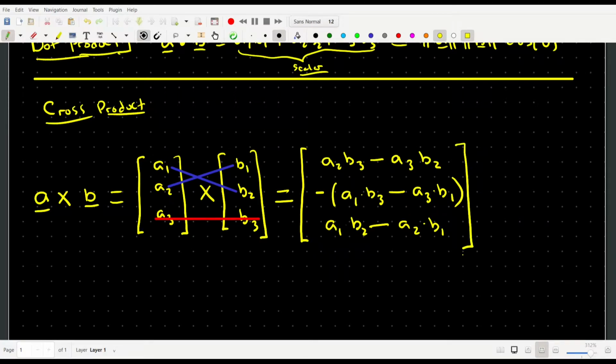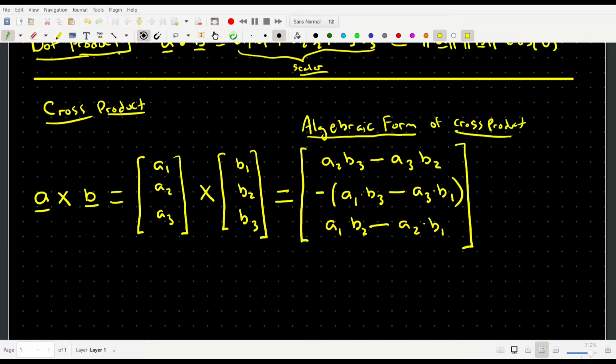And there you have it. This is how you correctly compute the algebraic form of the cross product for any two input vectors A and B. You're going to get a new vector when you take the cross product of A with B, and these are going to be the components of that new vector.